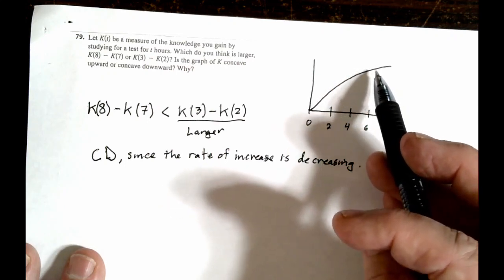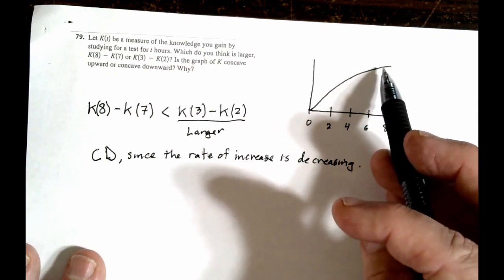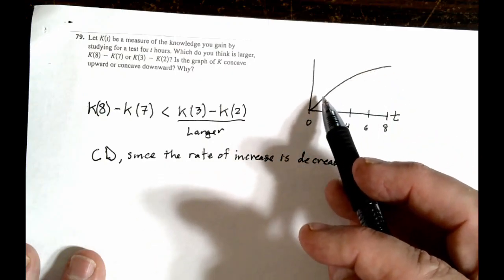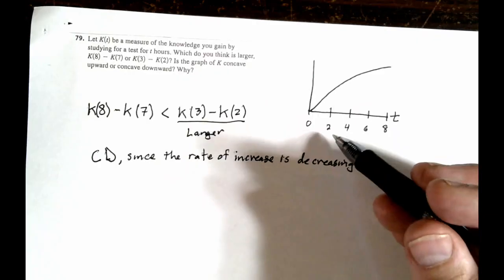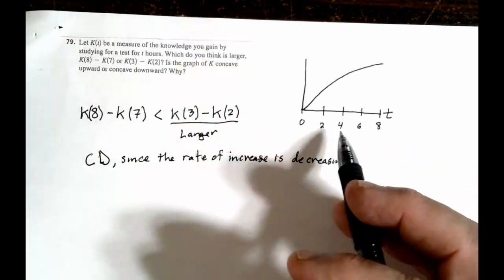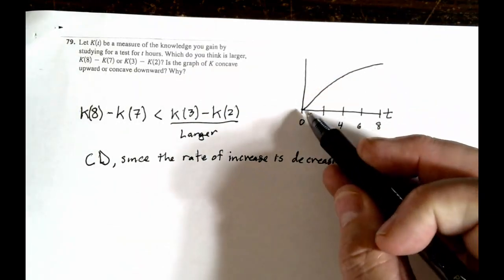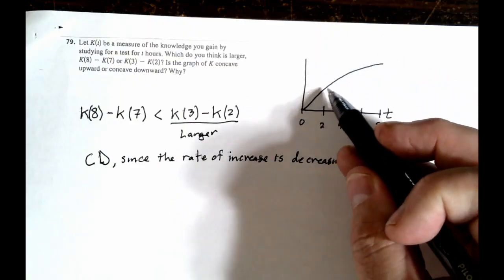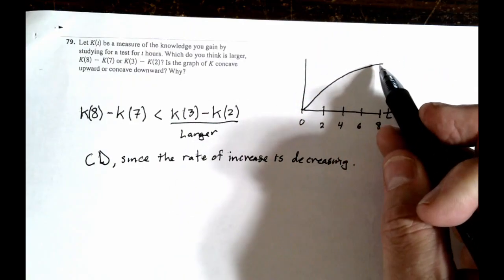And so if you're looking at the last hour in which you're doing the learning, it's not much of an increase at all, versus hours 2 to 3 is a lot faster of an increase. And most likely this is concave down, because your knowledge isn't going to keep increasing at an increasing rate. It's going to increase, but it's going to have a decreasing rate, which means it's concave down.